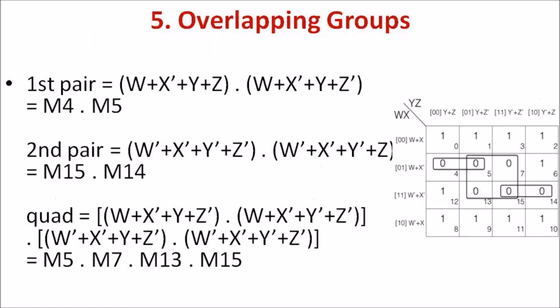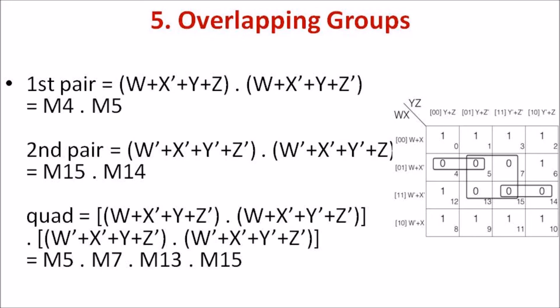The fifth major rule is the overlapping group rule. When a value in a cell of a K-map is encircled in more than one group, that group may be pair, quad or octet, then we can call such a group an overlapping group. Let us check this example. Consider the following K-map. The first pair forms M4 M5 and the second pair is formed between M15 and M14.